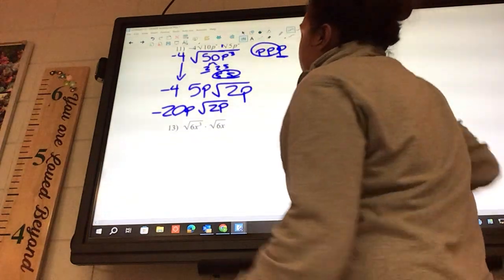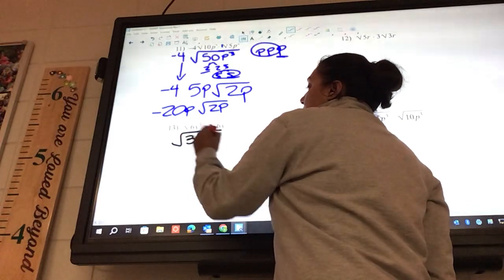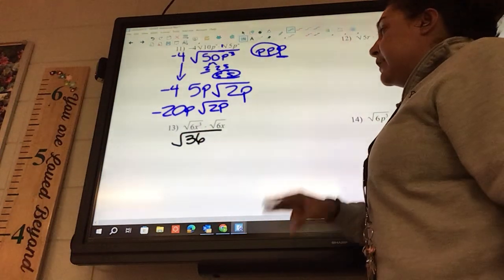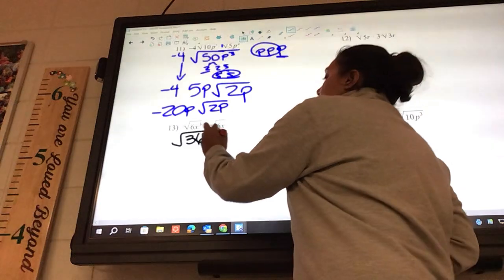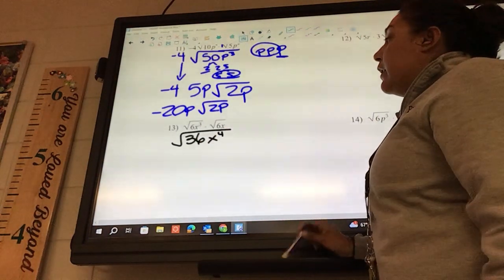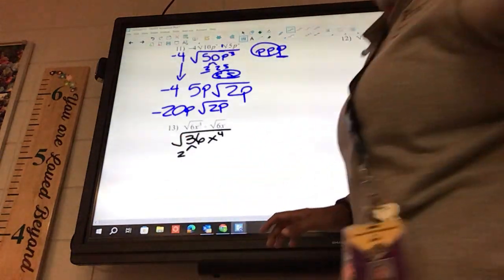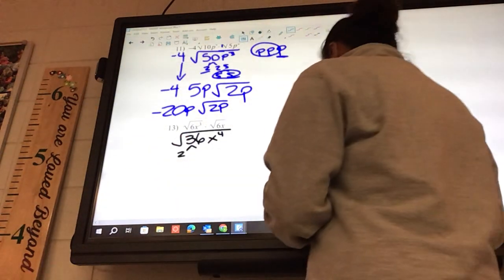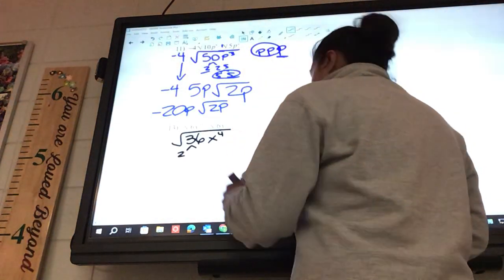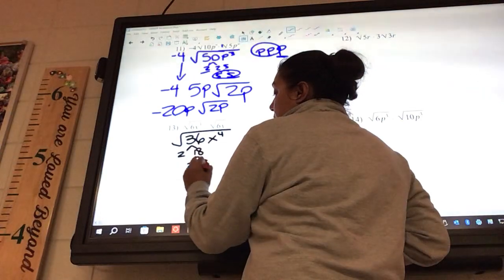Number 13 is going to look like 6 times 6, which is 36. Well, my first guy has 3 x's, and my second guy has 1, so that means there are 4 total. You add the variables together. Well, 36 is going to be 2 times 18, 2, 9, 3, 3.